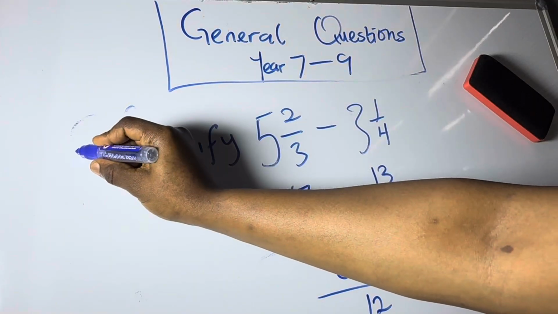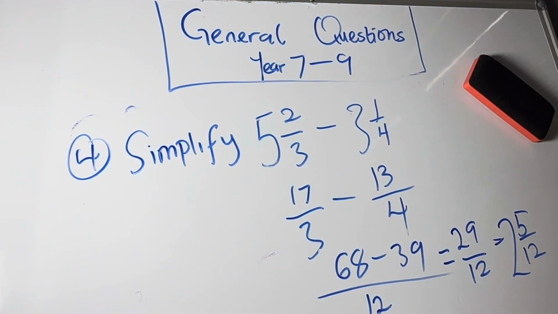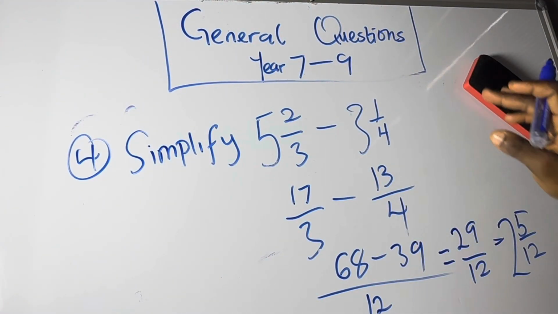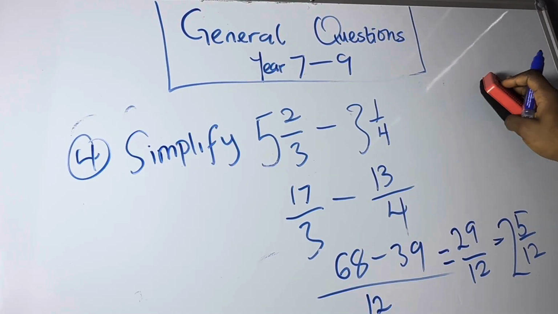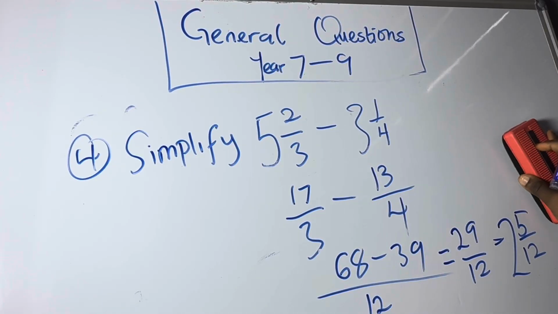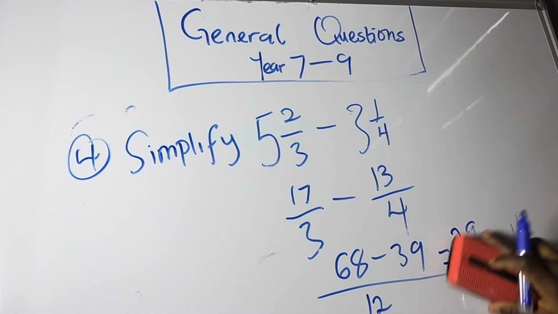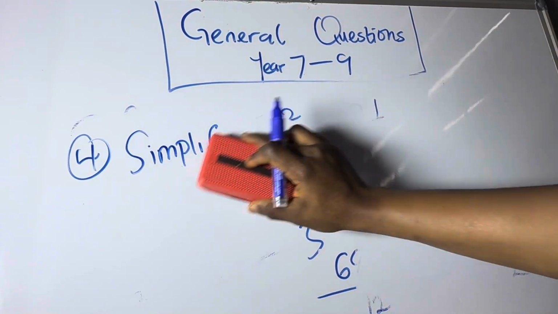Now, let's look at another question. This is question 4. Now, the next question is question 5. We are going to be converting a decimal number to a mixed fraction.